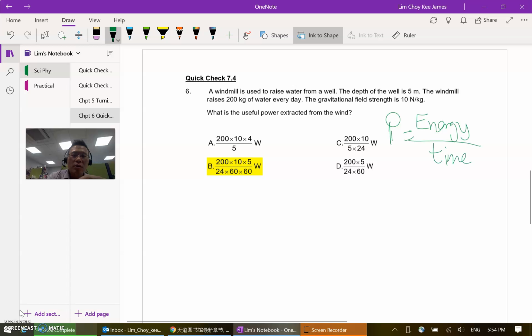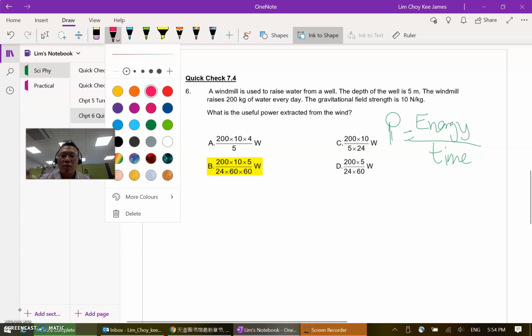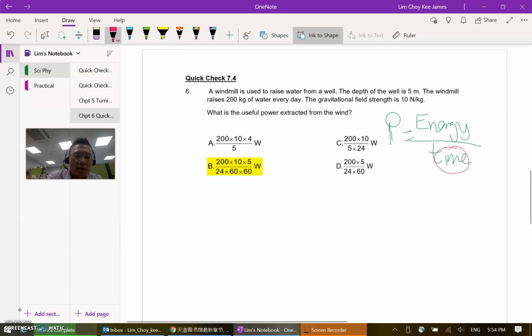Before we use this formula, students, like I mentioned in the video before, there are a few key things that students need to remember. For example, to use this formula, the time that is given, or the time that you substitute inside, has to be in SI unit seconds. And the energy is usually always in joules, SI unit.